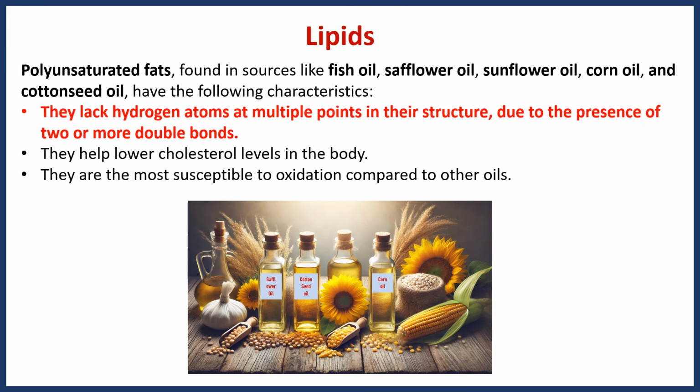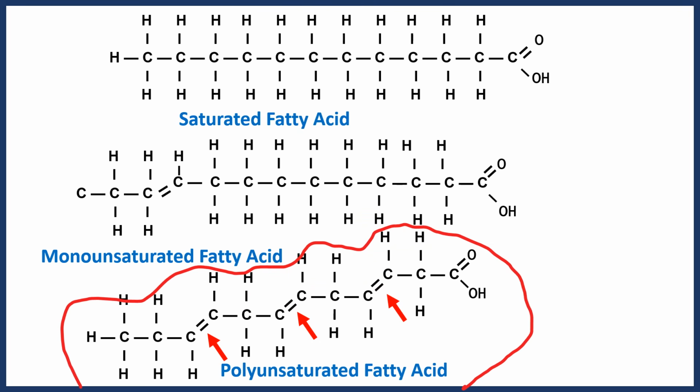Polyunsaturated fats found in sources like fish oil, safflower oil, sunflower oil, corn oil, and cottonseed oil have the following characteristics. They lack hydrogen atoms at multiple points in their structure due to the presence of two or more double bonds. Here at the bottom of the slide is polyunsaturated fat.